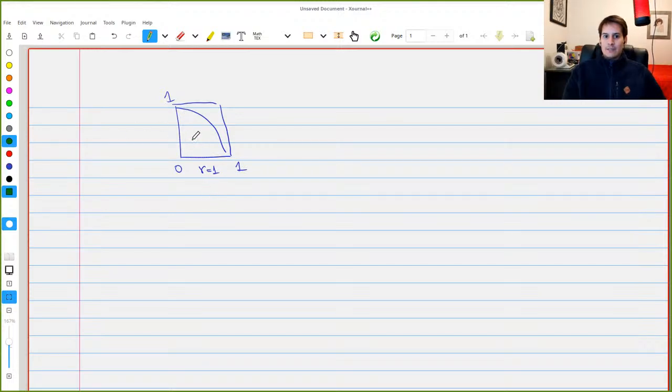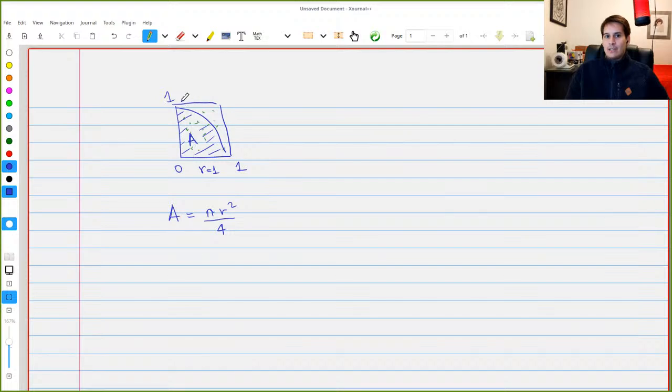Obviously, the probability of a droplet or point landing inside the circle is related to the areas. To calculate the area of this quarter of a circle, you basically need to use pi r squared, but divided by 4.